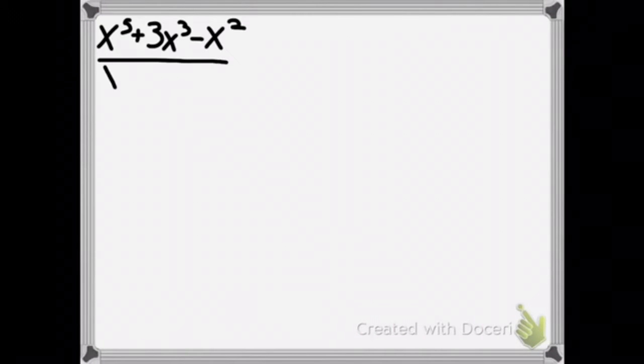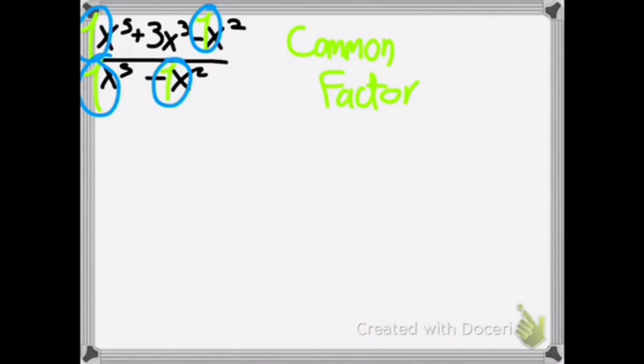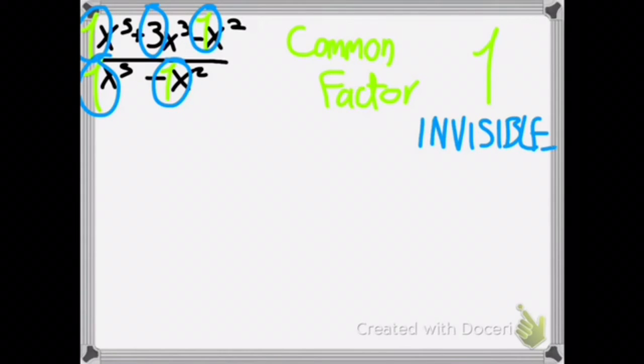Our next expression is x elevated to the 5th power plus x elevated to the 3rd power minus x elevated to the 2nd power, divided by x elevated to the 5th power minus x elevated to the 2nd power. Again, we will need to find our common factor. Believe it or not, there is a 1 as a coefficient in all of them. It's just that it is invisible.